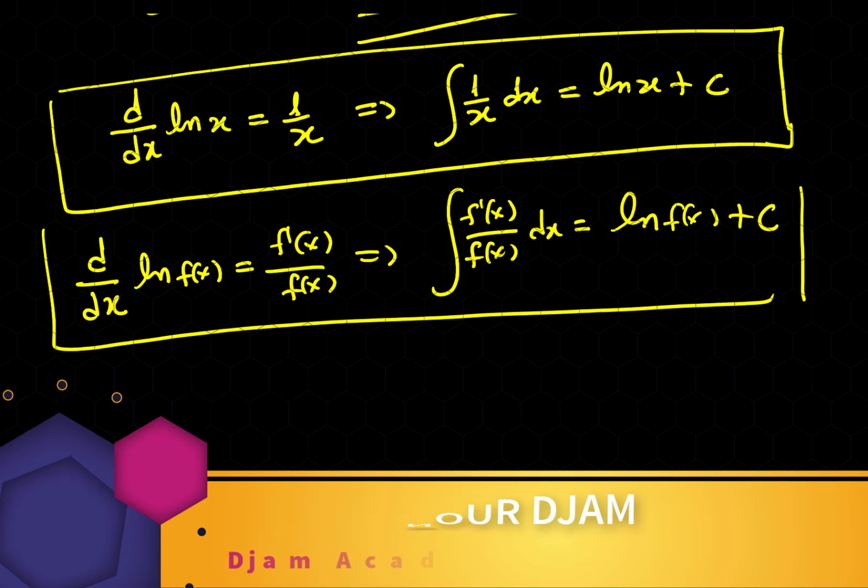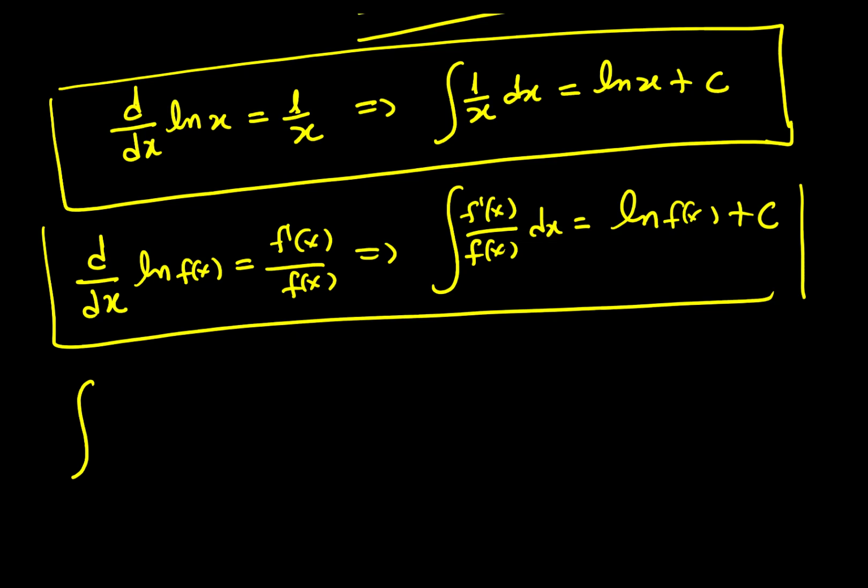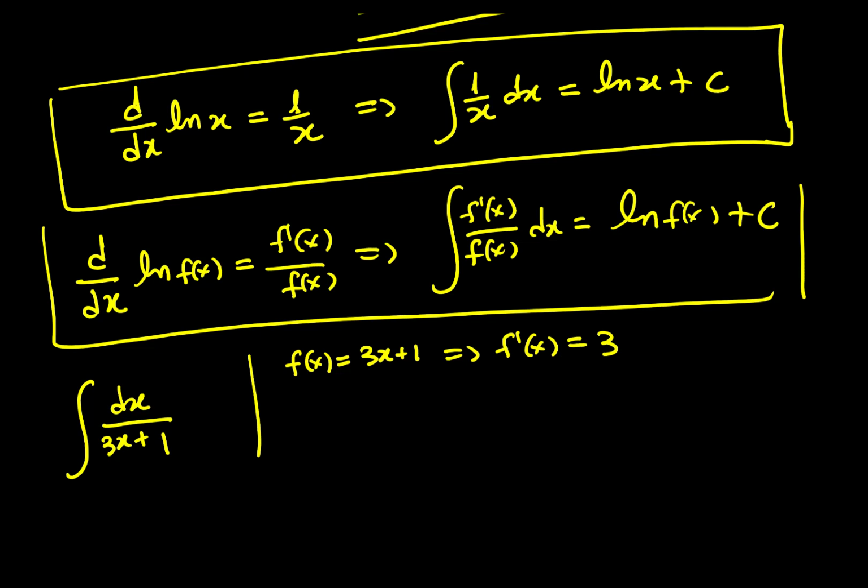Let's say we want to calculate the integral of dx divided by 3x plus 1. Does it look like the function above? No. So the very first thing we will say is that f of x is equal to 3x plus 1.